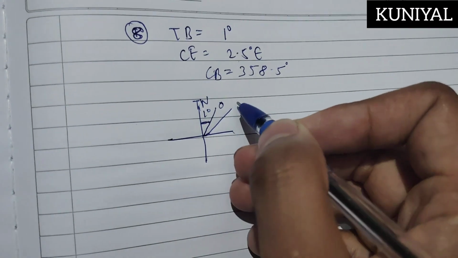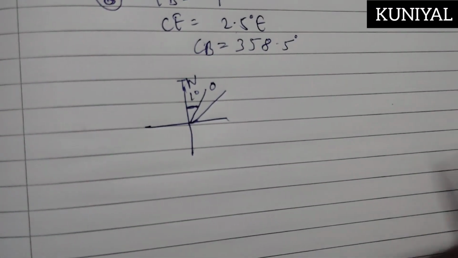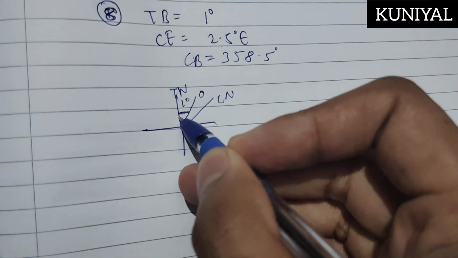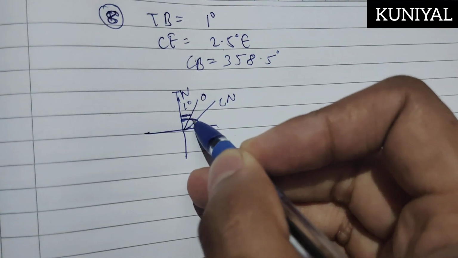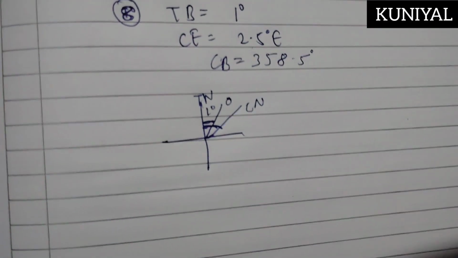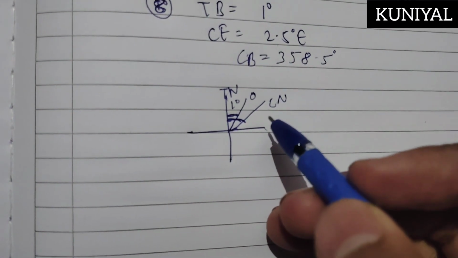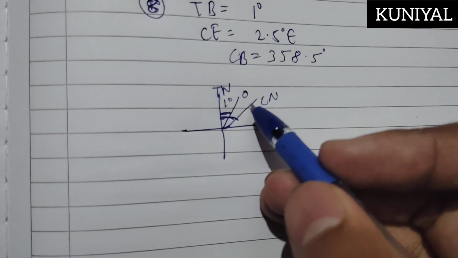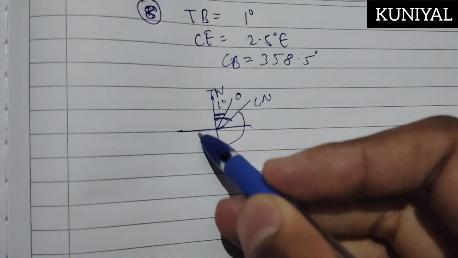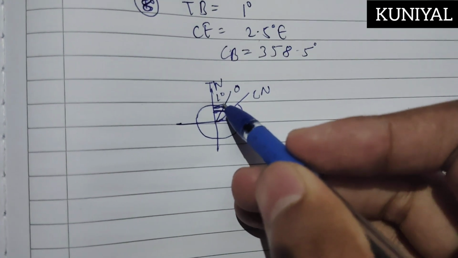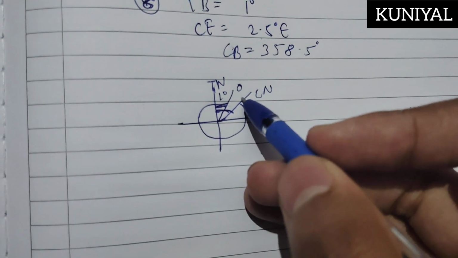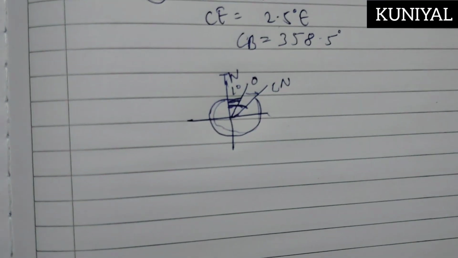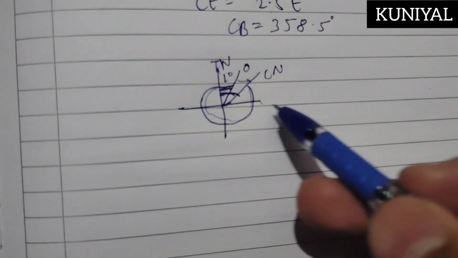Here is compass north, and this is the compass error of 2.5 degrees east. Now you know compass bearing is the distance from compass north to the object. So we will not go from here to here, we will go from here to here. Okay, so how will we get this?